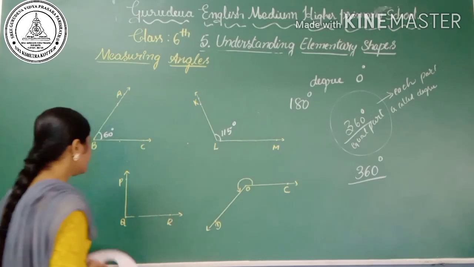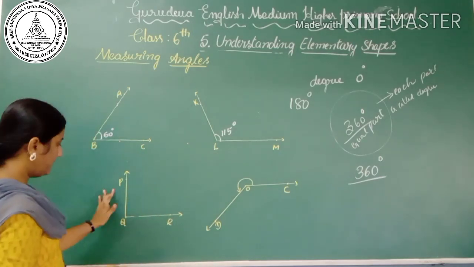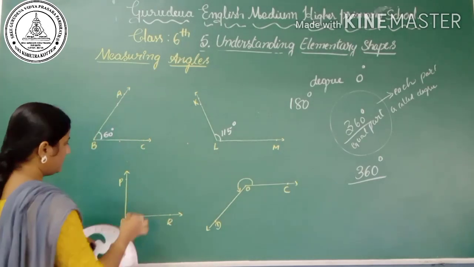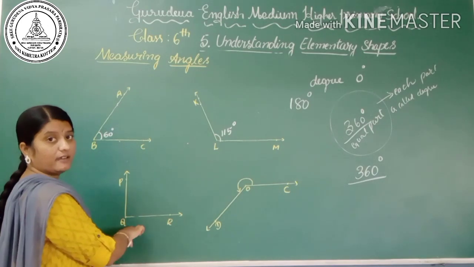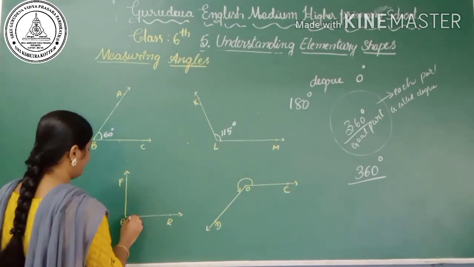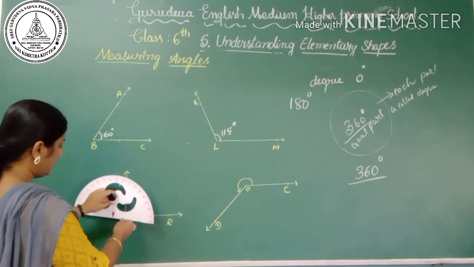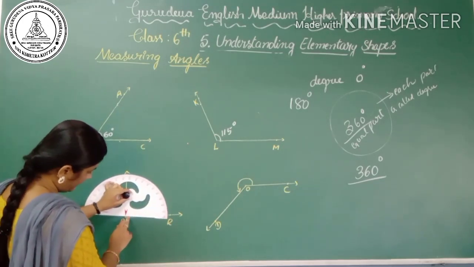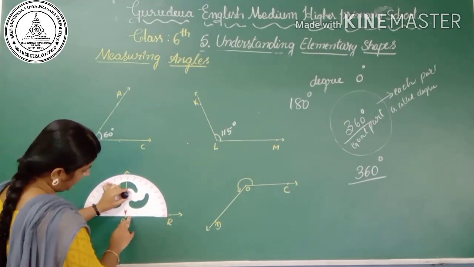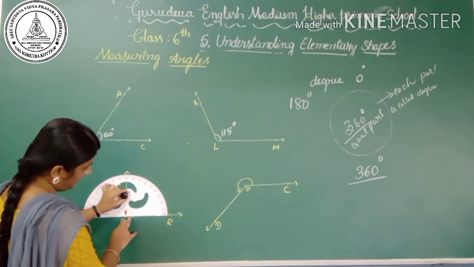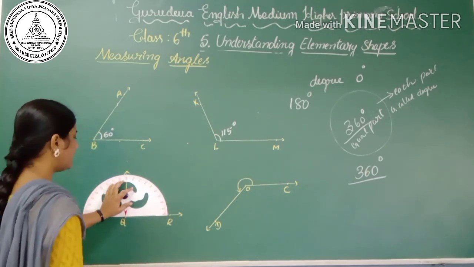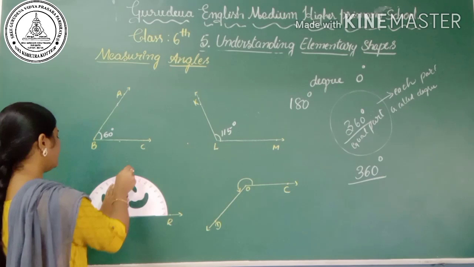Then next, measure the angle PQR. Yes, we can say that it is a right angle. Then measure here. Keep the vertex point, then the line segment along the 0 degree. Then start counting, 0 to 90.